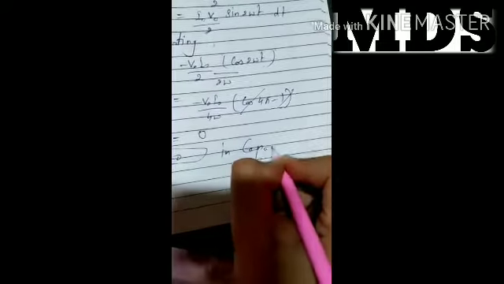So the work done will be 0. Now the average power is 0 in the capacitor. Clear? The average power in the capacitor and in the inductor will be equal to 0, but in resistance it is not equal to 0.